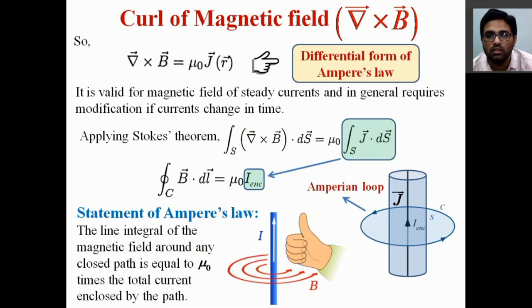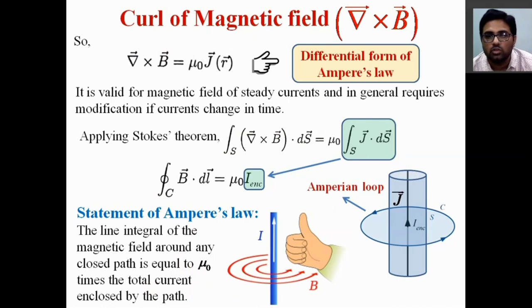Okay, these circles are called Amperean loops. So here we have symmetry in the system. Okay, and that is, the magnitude of the magnetic field will be the same all over the circular path, right? And the direction of the magnetic field will be tangential to every point of this circular path.